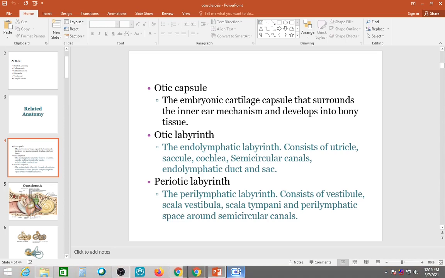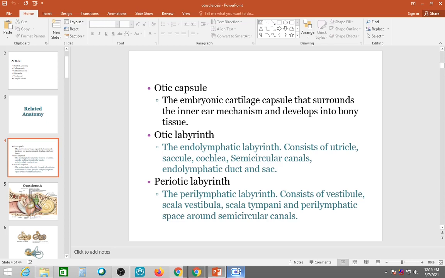It develops into bony tissue, and the normal development of bony tissue involves osteoblasts. So it is normally supposed to form inside our ear, but in this condition abnormal bone growth forms inside the middle ear or maybe the inner ear. Because of that, the person complains of progressive conductive hearing loss.